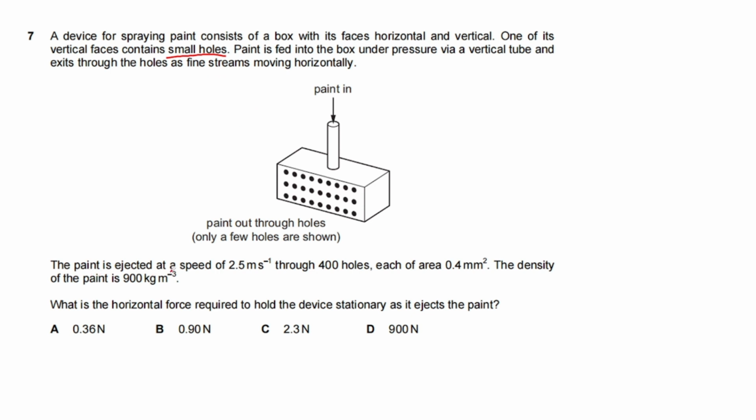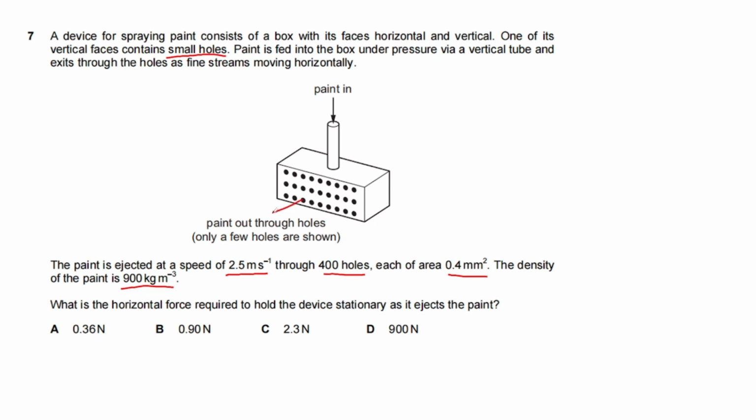The paint is ejected at a speed of 2.5 meter per second through 400 holes, each of area 0.4 millimeter square. The density of the paint is 900 kilogram per meter cube. What is the horizontal force required to hold the device stationary as it ejects the paint? So these are the holes, right?